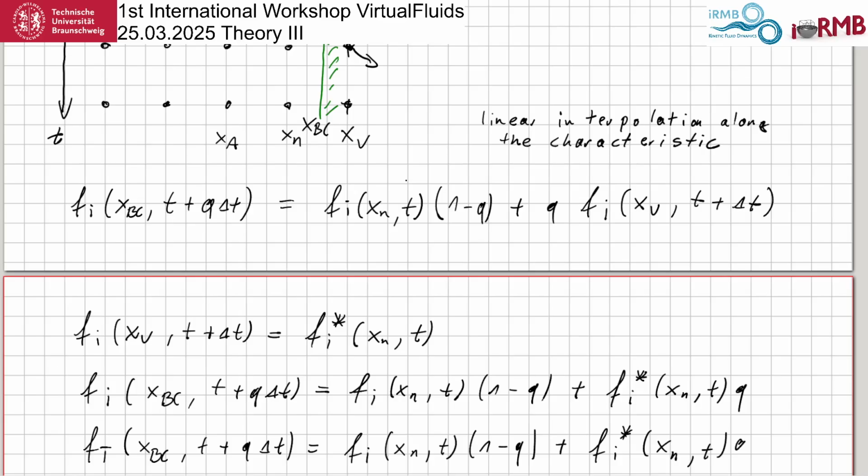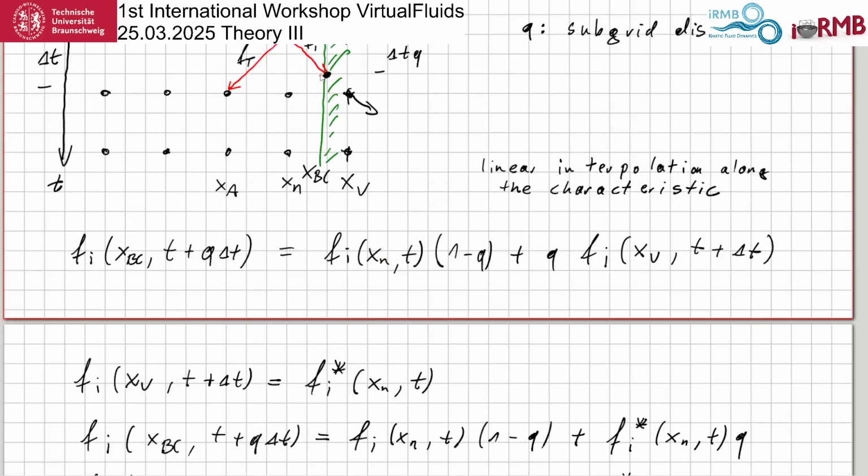Now the thing is, I apparently haven't drawn this here properly. Now we are at this location here. Maybe I also have to go back here. So we are at this location here. This is not where we want to go.